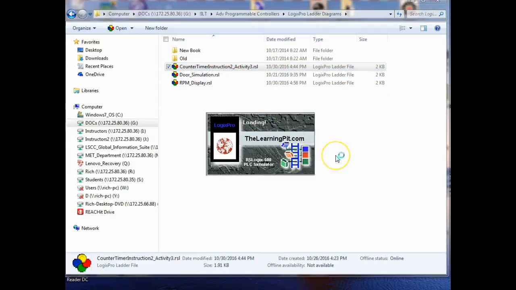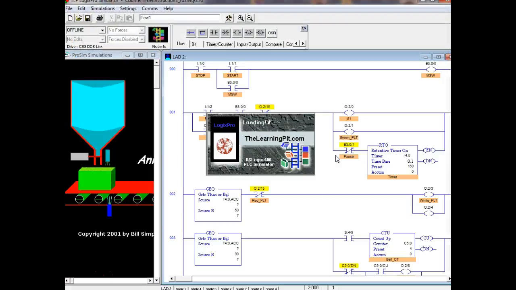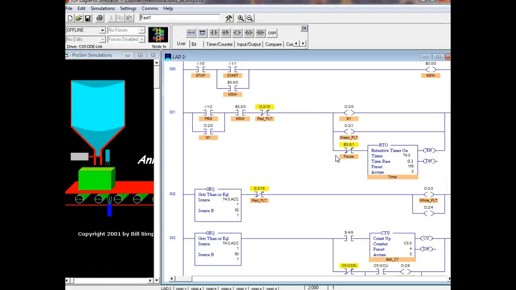So this is the same program written using what? One timer. Okay. And then we're using what? Accumulated value off the timer. So we'll see if it does the same thing. So we're using a retentive timer, one timer, where you could get by with 3.